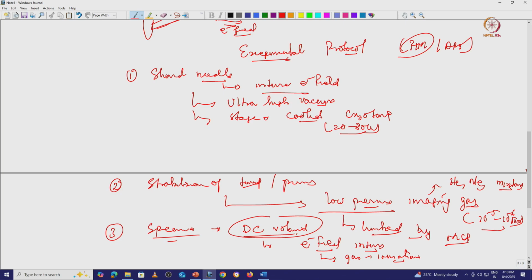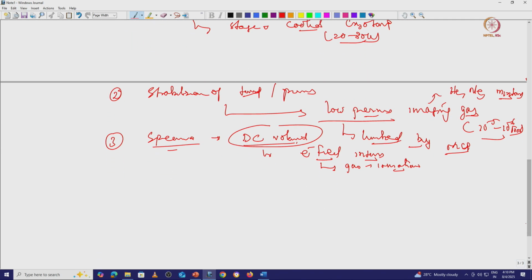The fourth condition is that the voltage should be increased to reach the optimum imaging condition.